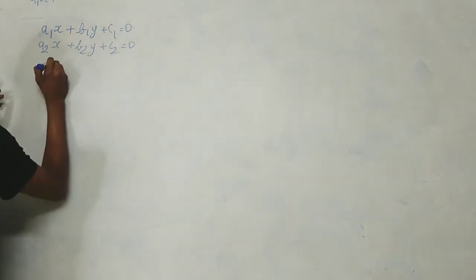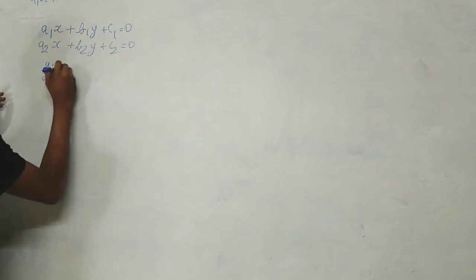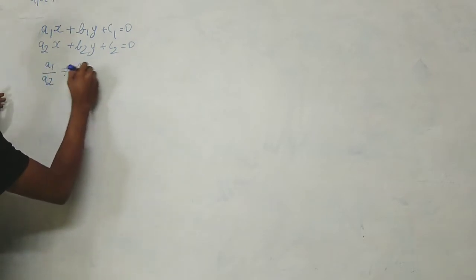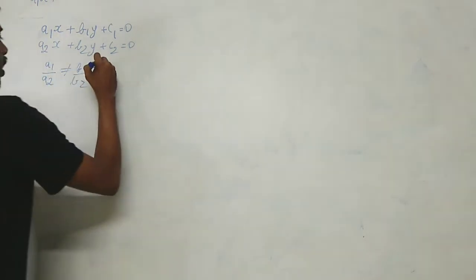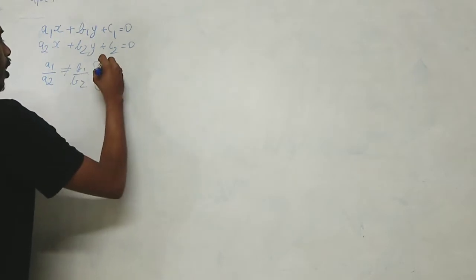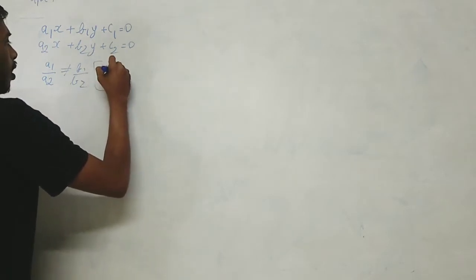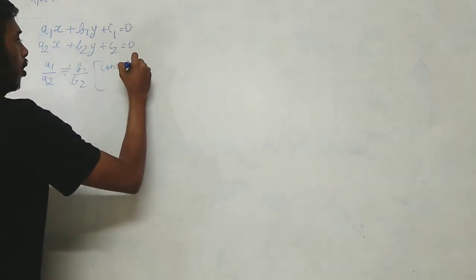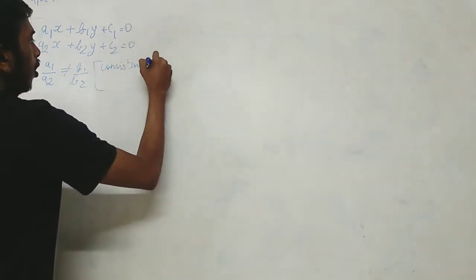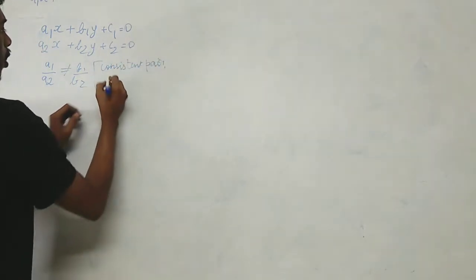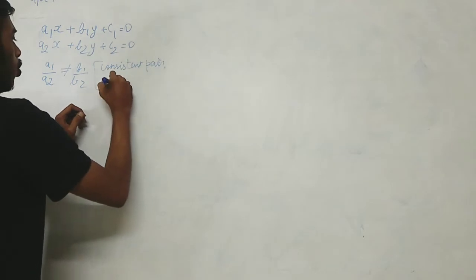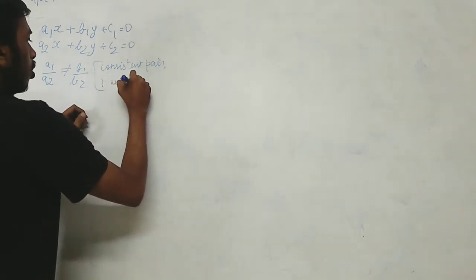If a1 by a2 is not equal to b1 by b2, it is a consistent pair and has one unique solution. This is what it means.